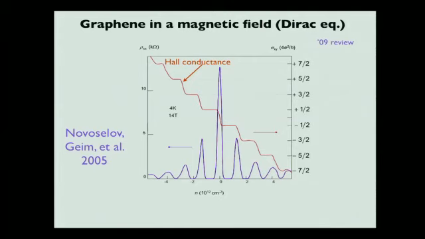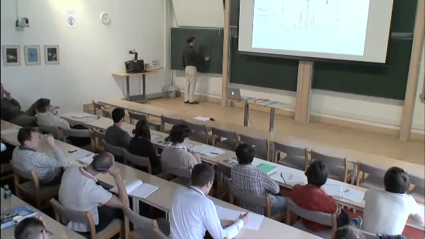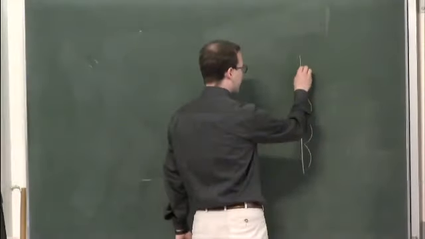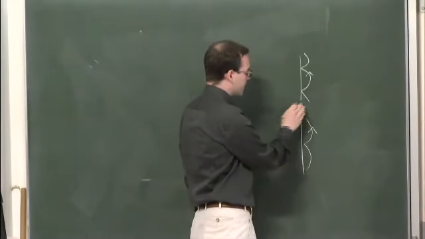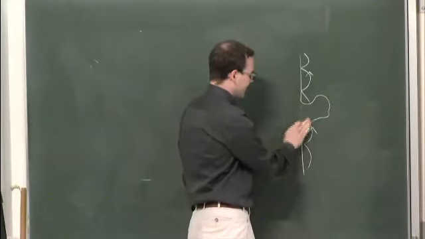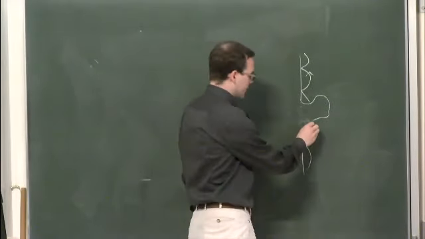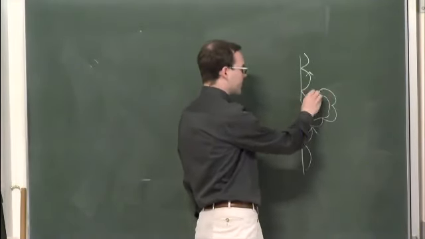And again, it can be quite easily understood even in a classical picture, because if you have these skipping orbits, and now you perturb the sample somewhere by having some disorder, then the skipping orbits can just skip around this point.